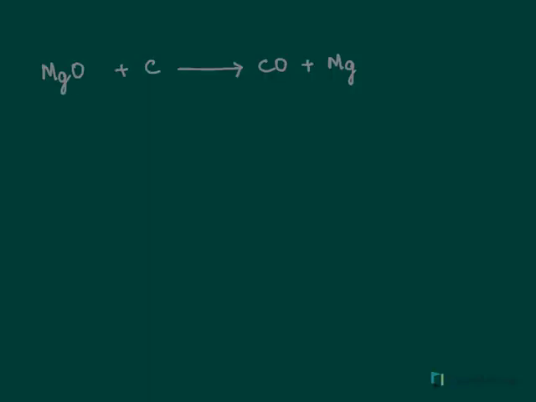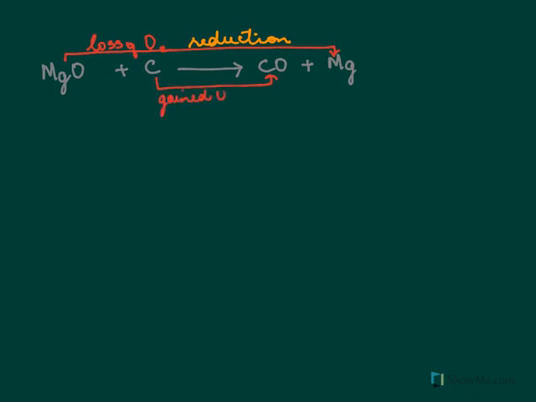Now look at this case. Magnesium oxide with carbon gives you carbon monoxide plus magnesium. So MgO changes to Mg, and in doing so there is a loss of oxygen. And we know a loss of oxygen means there is reduction. In the second case, carbon becomes CO. If carbon becomes CO, carbon has gained oxygen and hence it has become carbon monoxide.